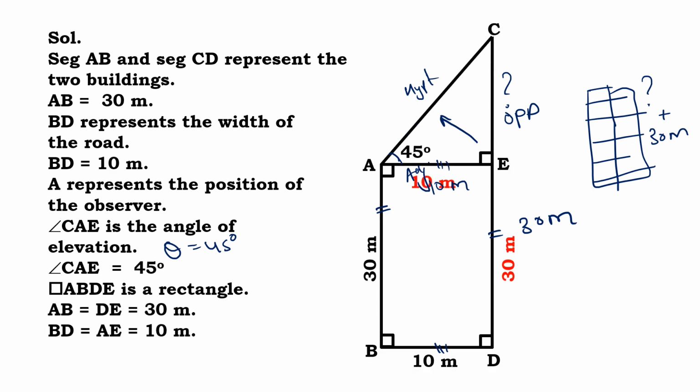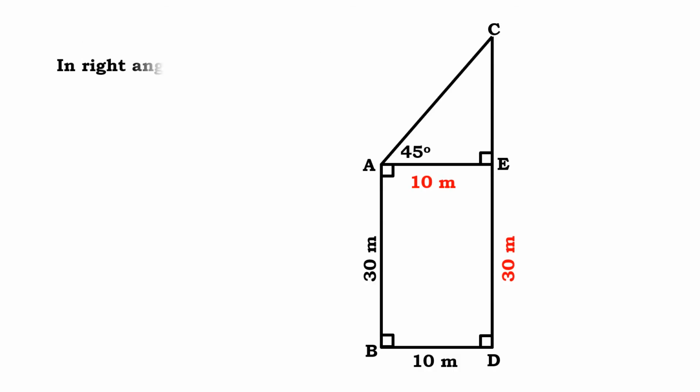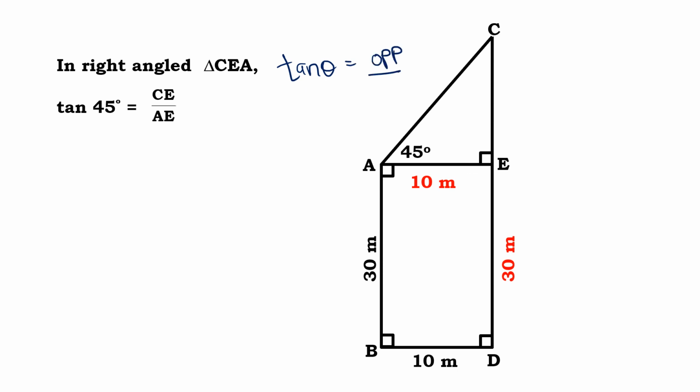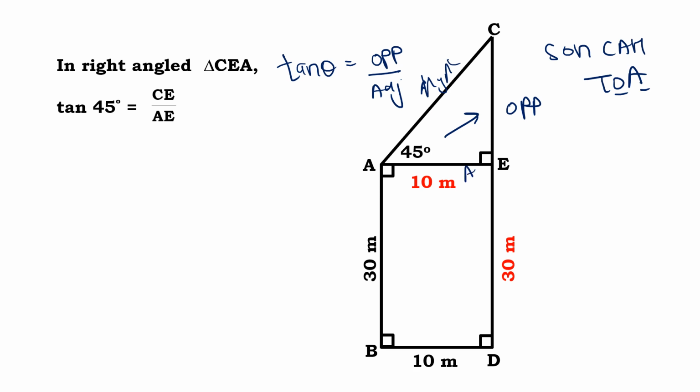In a right angle triangle, tan theta is equal to opposite upon adjacent according to SOHCAHTOA, right? As you know, this side is the opposite side, this is the hypotenuse, and this is the adjacent side.